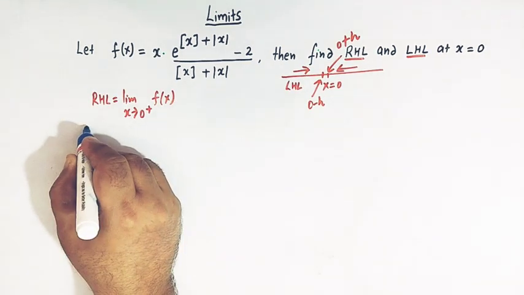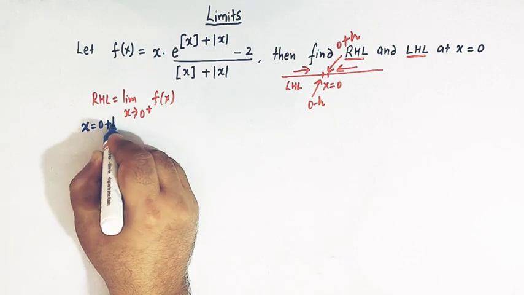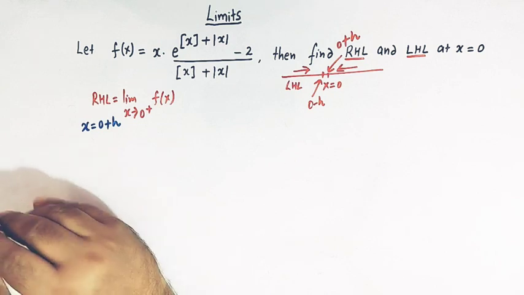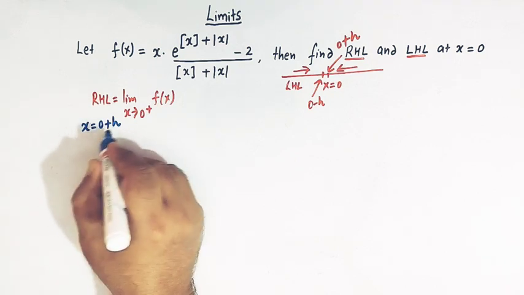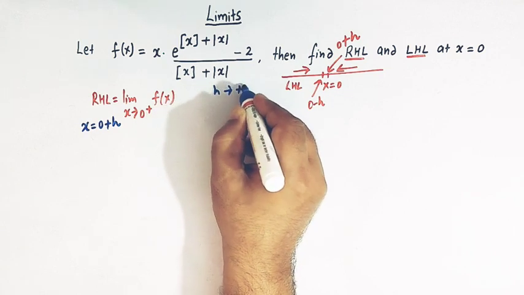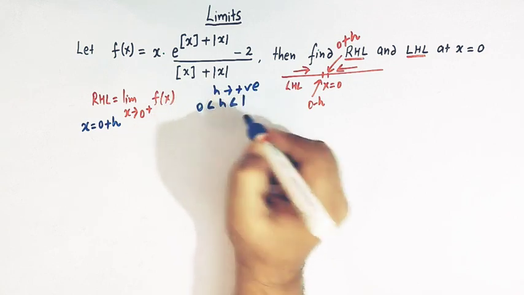So now we'll take x equal to 0 plus h, where h is infinitesimally small, and moreover h is positive and lies between 0 and 1.